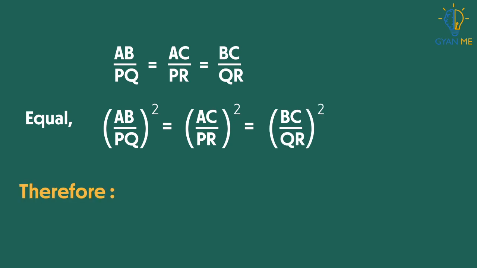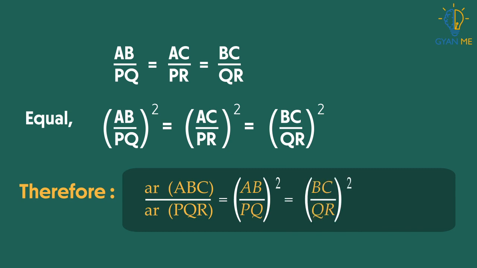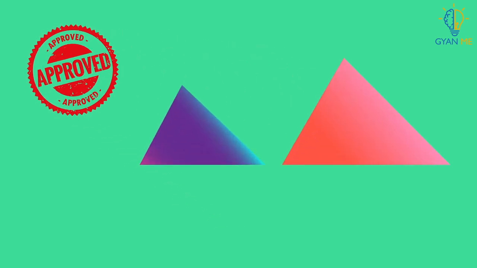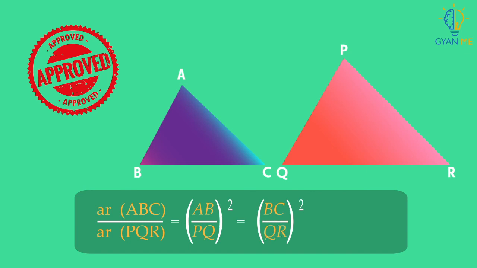So therefore, we can write area ABC upon area PQR will be equal to AB upon PQ whole square, which will be equal to BC upon QR whole square, which will be equal to AC upon PR whole square. Thus, we have proved that if two triangles are similar, then the ratio of areas of these two triangles is equal to the square of the ratios of their corresponding sides.